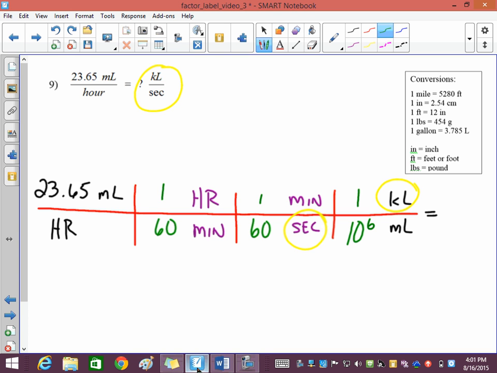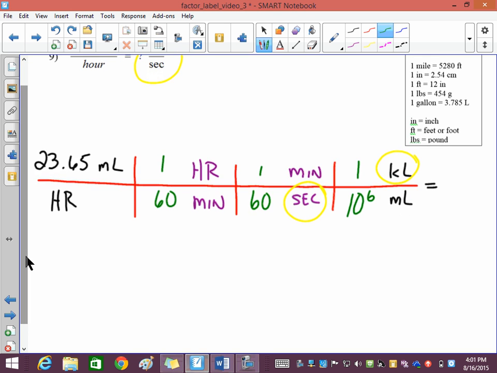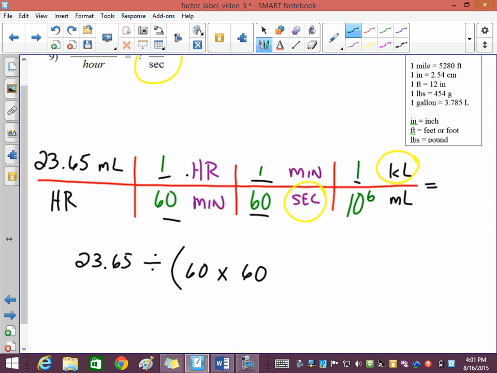Okay, so when typing this in, we're going to go 23.65 times 1 times 1 times 1 times 1, so don't do it, divided by 60 times 60, which is, if you're playing at home, 3,600. But hey, if you don't trust your brain, then trust the calculator. 1 EE 6, close up that parentheses.